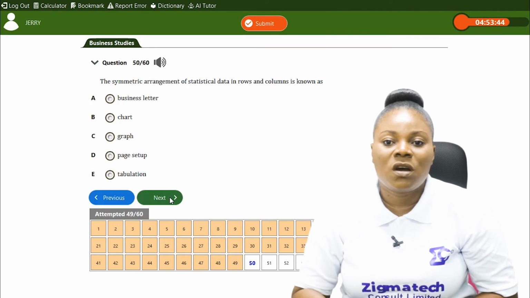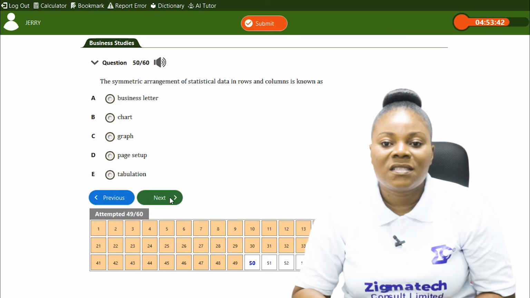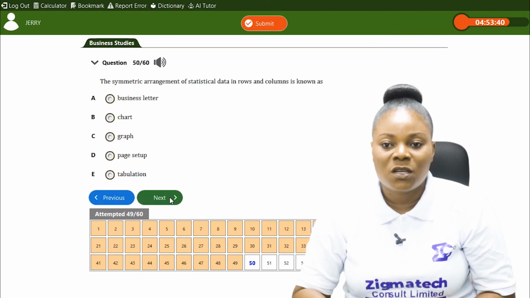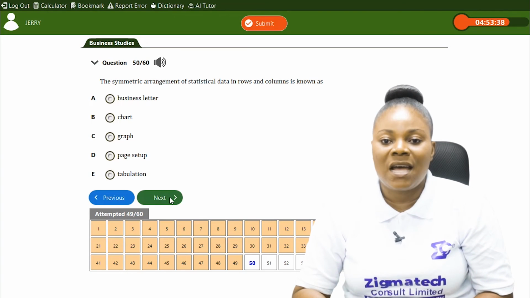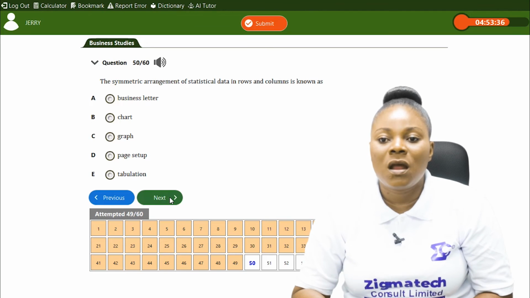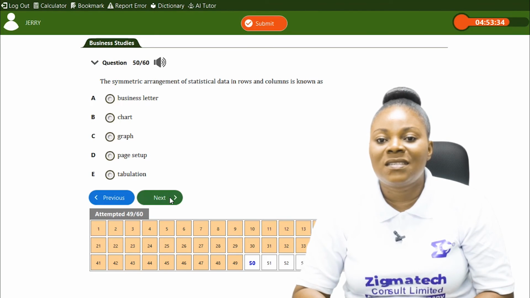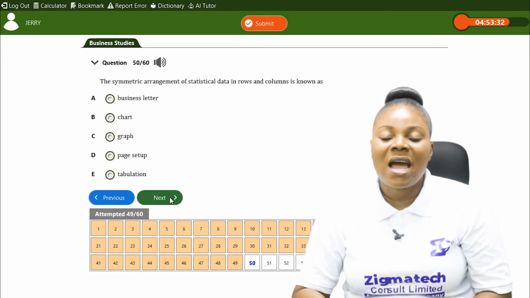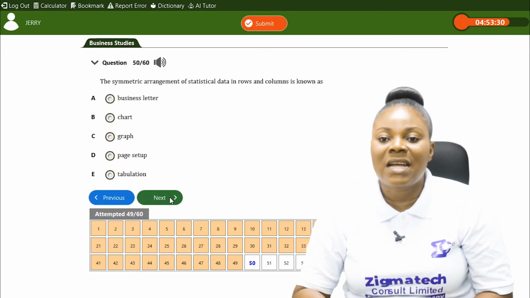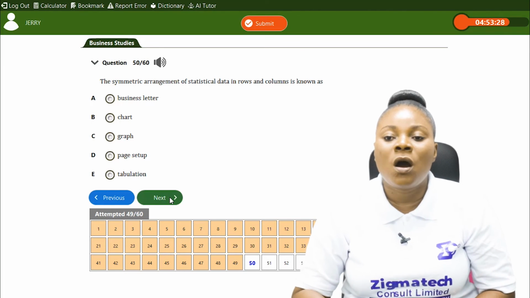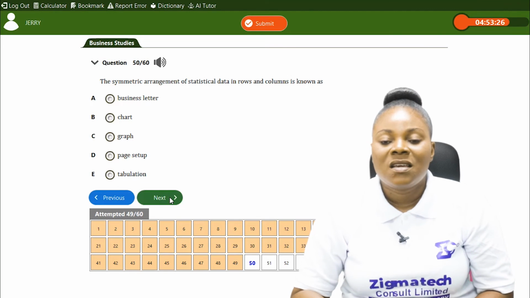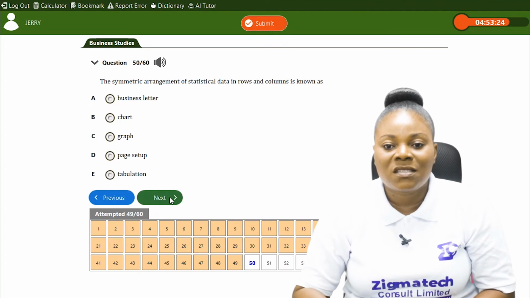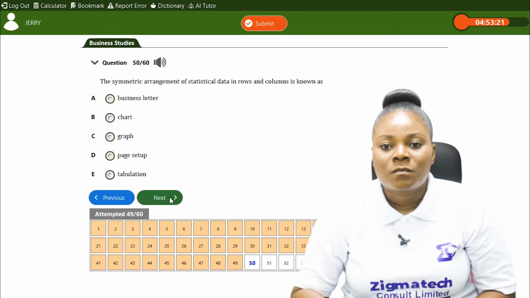The next question, 50, it says the symmetric arrangement of statistical data in rows and columns is known as dash. Is it business letter or a chart or graph or page setup or tabulation?